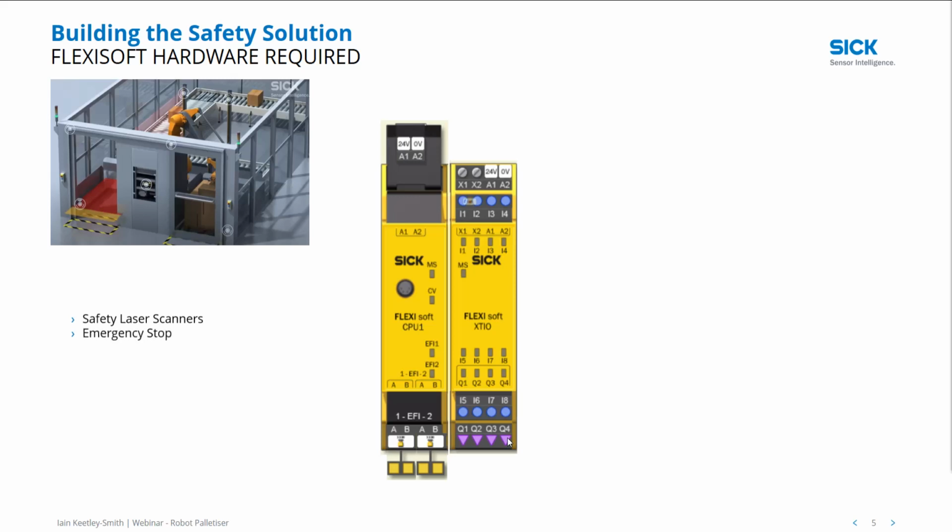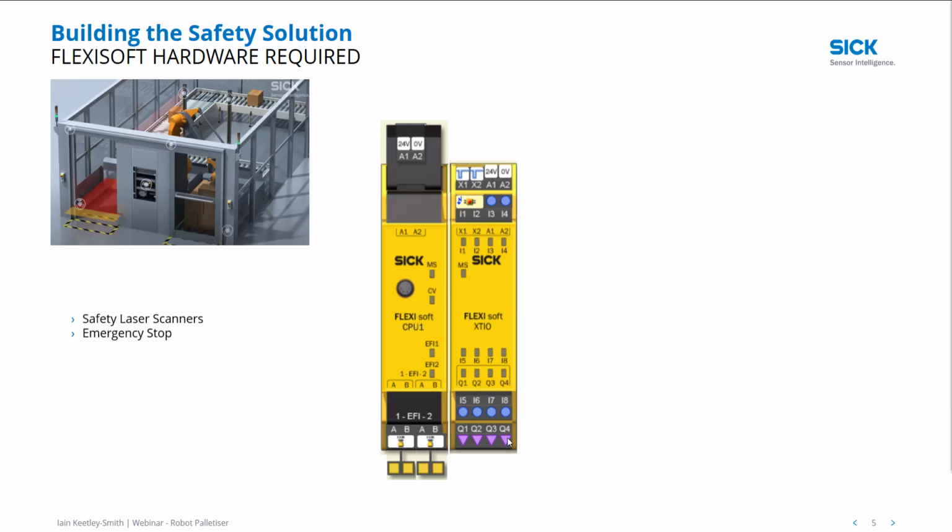The next thing we've got is our emergency stop, and you can see that is now populated onto input 1 and input 2. You'll also notice that X1 and X2 have a digital symbol on there as well, and that's because we're using test pulses. We send a test pulse out of X1 round through one channel of the E-stop back into input 1, and then X2 through the second channel of the E-stop back into input 2.